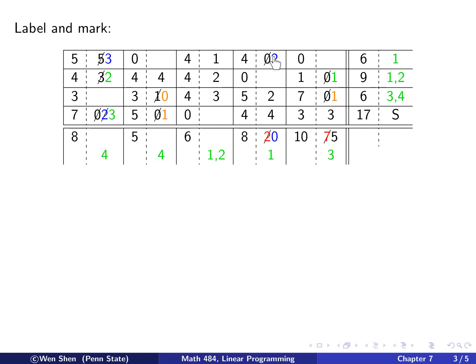So I would need to look at which one I can further increase. Then I see I can increase this one and this one because the capacity is not met. Okay, then here I would label 1, 1 to see that these two columns can be connected to row 1.